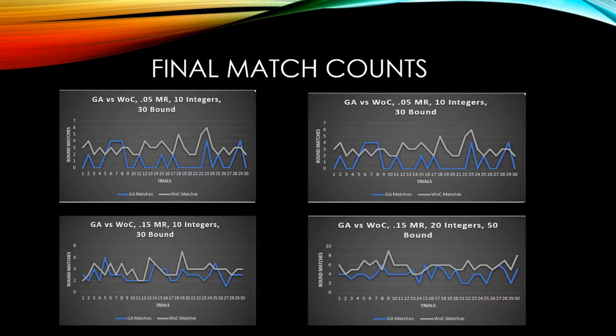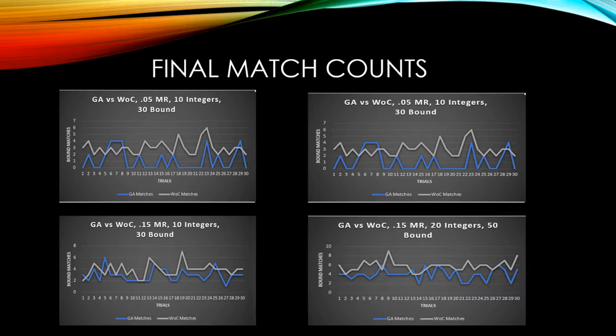In the charts here, I compare the best final results from many tests of just genetic algorithm versus results of genetic algorithm in addition to wisdom of crowds. The results show that wisdom of crowds is better than only genetic algorithm because it brings more sum matches.